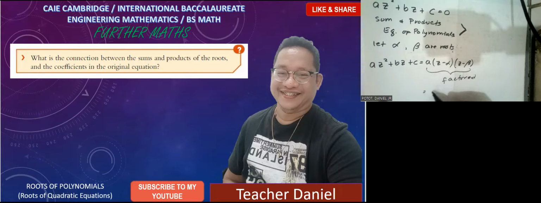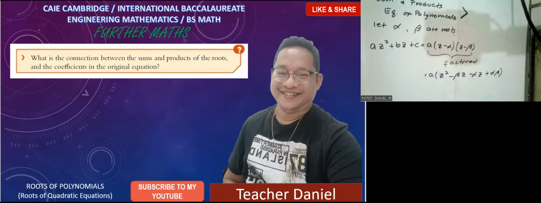So let's copy that and multiply: z times z is z squared, z times negative beta is negative beta z, negative alpha times z is negative alpha z, and negative alpha times negative beta is plus alpha beta.